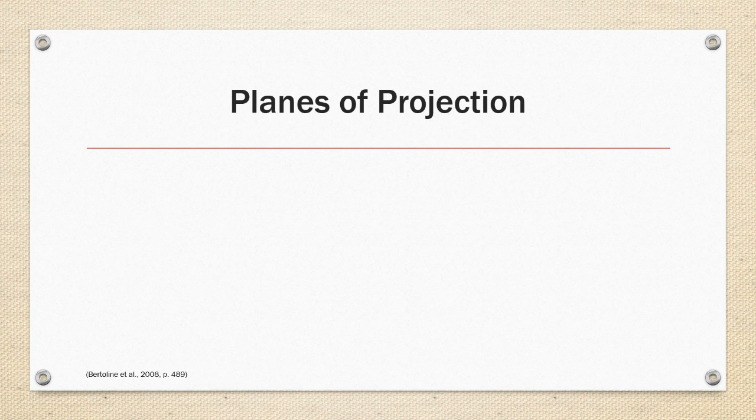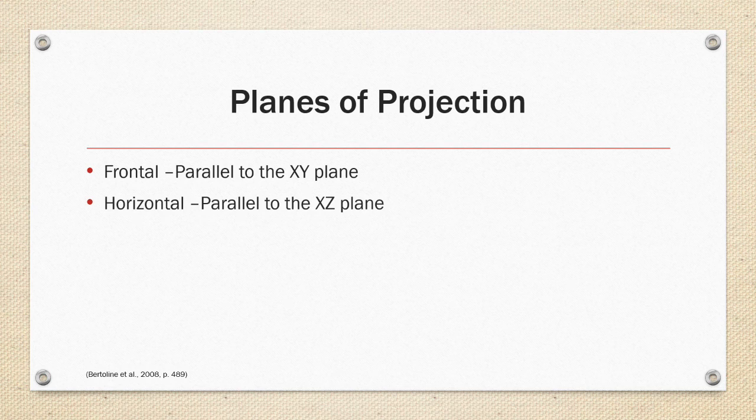Three primary planes of projection are used in orthographic projection techniques. Frontal, which is typically parallel to the X and Y plane, horizontal, which is parallel to the X and Z plane, and profile, which is parallel to the Y and Z plane.